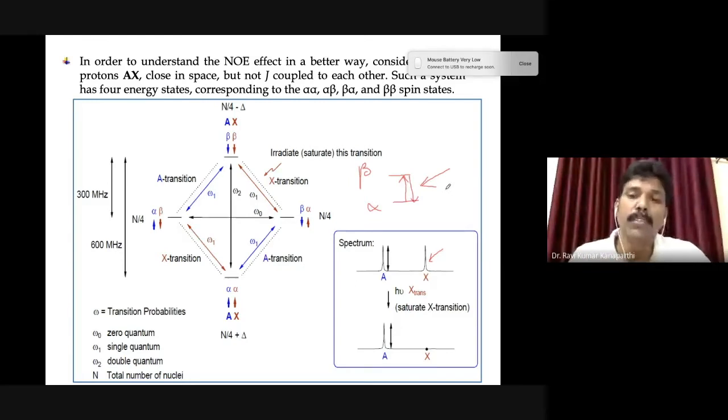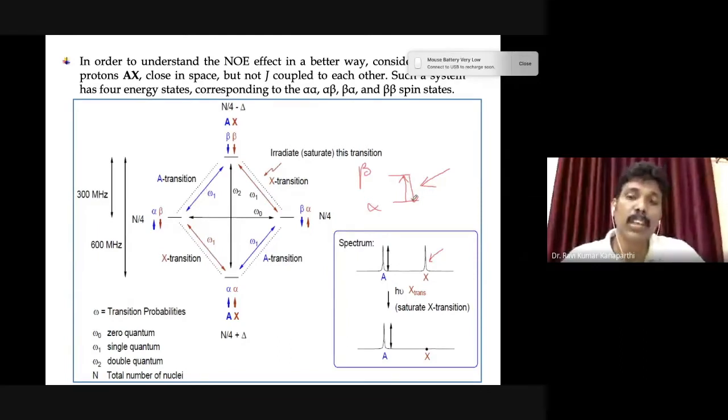If the decoupler frequency is kept on throughout the experiment, matching the difference between alpha and beta, then what happens? Initially the nucleus is in the alpha state, it will go to the beta state, but it will not stay in the beta state. It will come back.